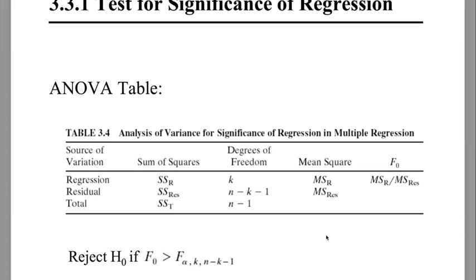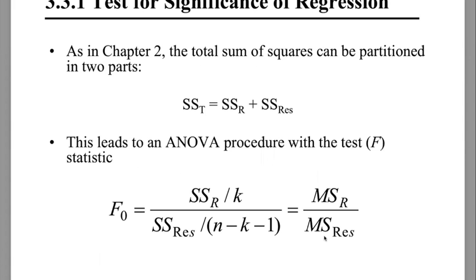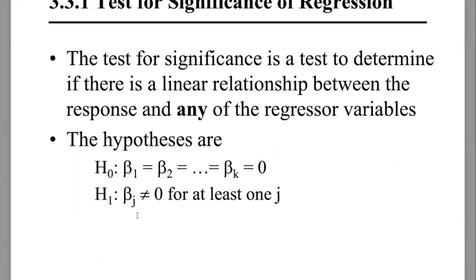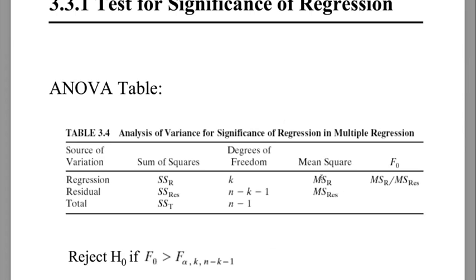And if the null hypothesis is true, again, the null hypothesis being that those beta coefficients, and more specifically, the slope coefficients, are all 0, then this F statistic has an F distribution with k numerator degrees of freedom and n minus k minus 1 denominator degrees of freedom.